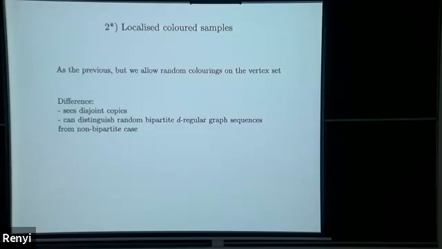And another difference, I don't necessarily want to go into all the details, but if you're doing d-regular graphs, meaning every vertex has degree exactly d, and you grow your number of vertices, and you can generate these in a random way, there are 2 different models. Either you generate random bipartite d-regular graphs, or you generate just random d-regular graphs.